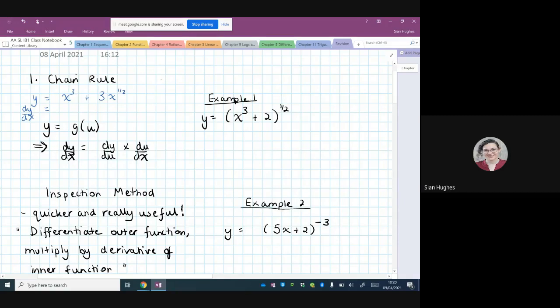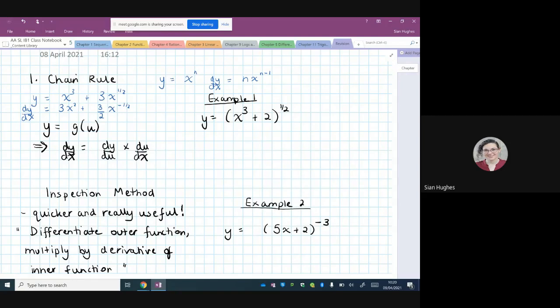That is in your formula booklet. So it says that if y is x to the n, dy by dx is nx to the n minus 1. And so here x cubed turns into 3x squared, and 3x half would turn into 3 over 2 x to the minus half. So it's assuming you already know these basic rules of how to differentiate single functions.